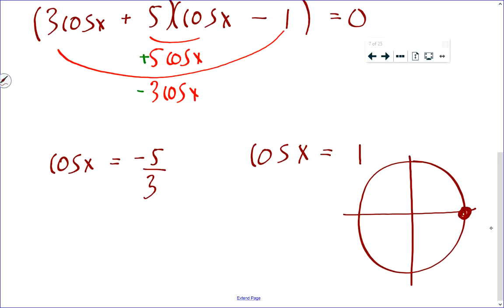Right? Yes? Where is cosine of x equal to negative 5/3? Well, it isn't ever equal to negative 5/3 because negative 5/3 is outside of the range of cosine of x. Cosine of x as a graph has a range from negative 1 to 1. Negative 5/3 is negative 1 point, excuse me, 6 repeating, I think. So that's why I say it's kind of a letdown.